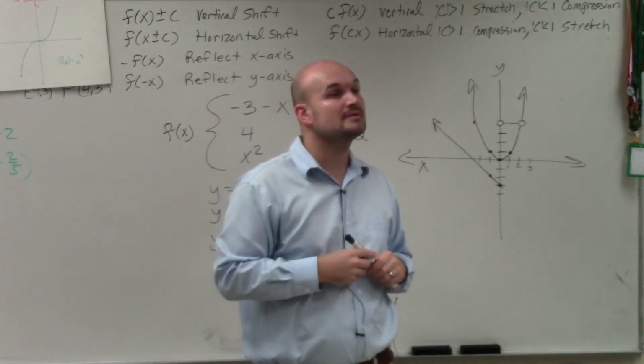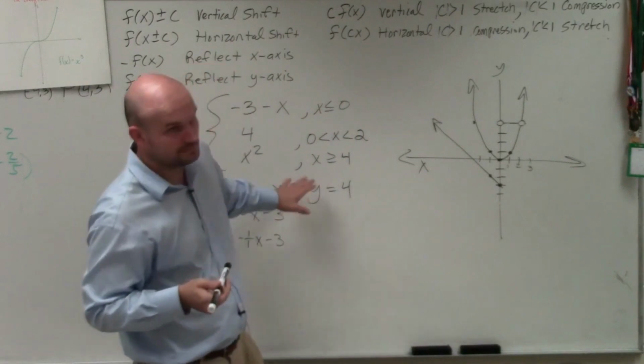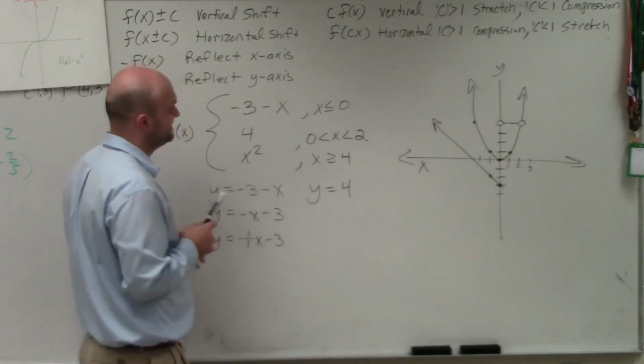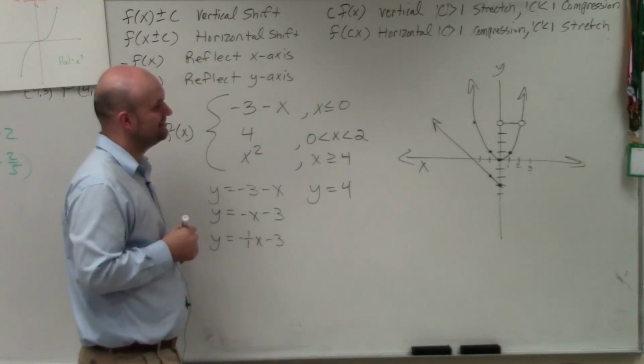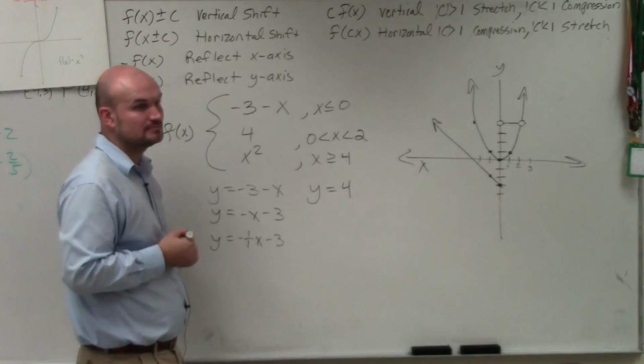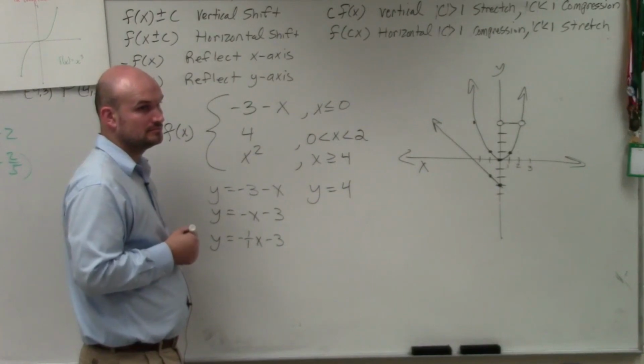Yes? Okay, so if it was x is greater than 0 but less than 2. If it was x is greater than 0 and then greater than 2, would it just be like that part you have there?